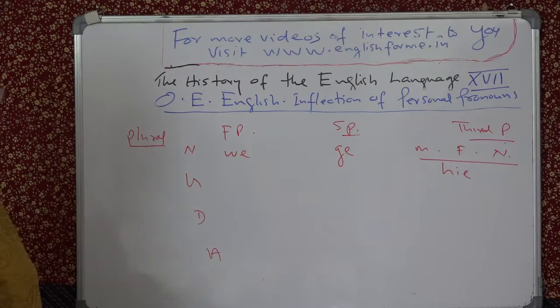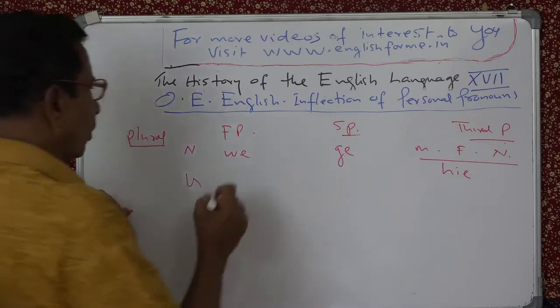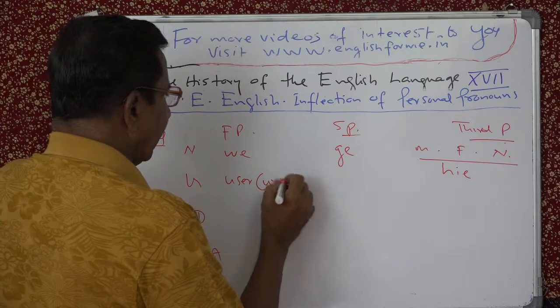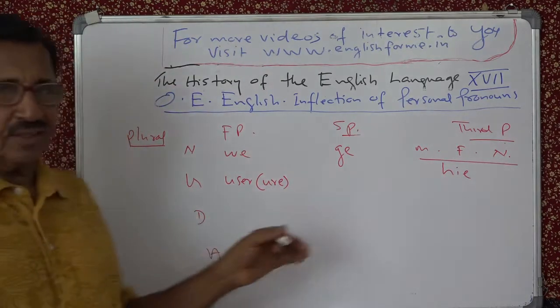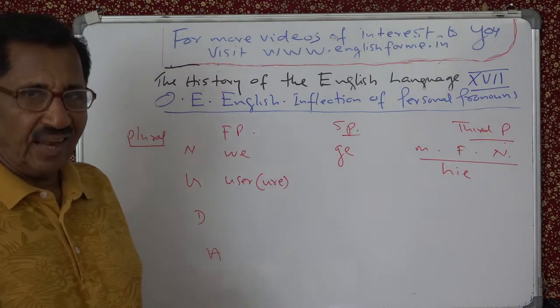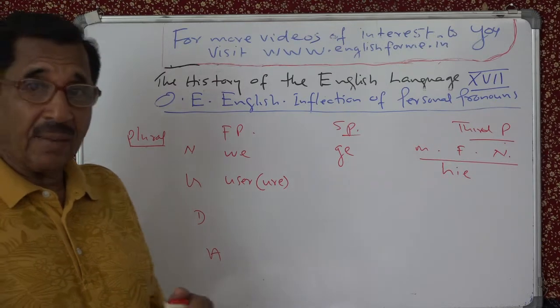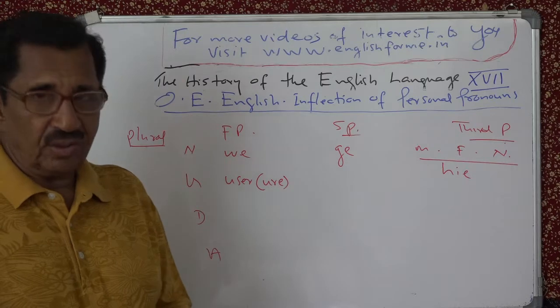Third person: masculine, feminine, and neuter. And then again you have user or ure. Chaucer uses this. Ure. Our combination. Ure company. That is what Chaucer uses.